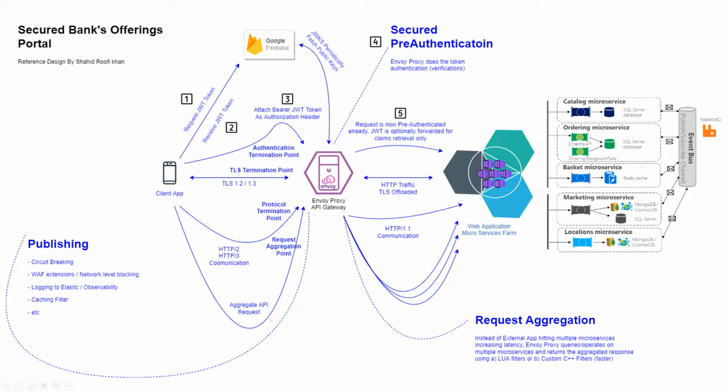Another is aggregation. In microservices, suppose you want to do one transaction from the client app, you really do not need to raise multiple requests to different microservices. You just contact the API gateway, and it can make multiple requests to different microservices and aggregate the response.